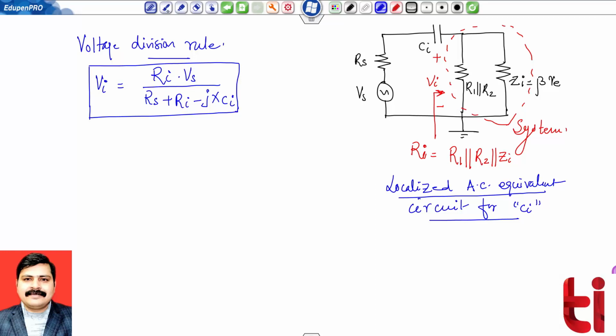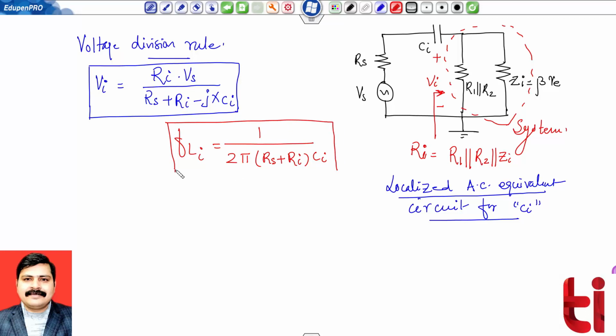At this particular site, the lower cutoff frequency fLi, where the notation i indicates the inclusion of the input capacitance, is 1 upon 2 pi times Rs plus input resistance of the system multiplied by the input capacitance Ci. So this is my first lower cutoff frequency with the inclusion of input capacitance Ci.